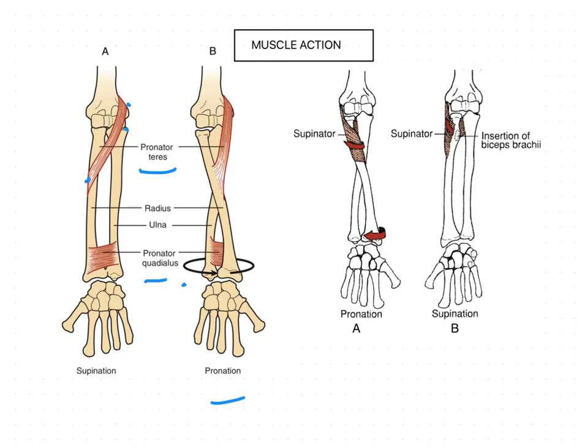So now how is this muscle going to work here? This pronator teres is exerting a pull on the radius, which is crossing over the distal end of the head of the ulna.